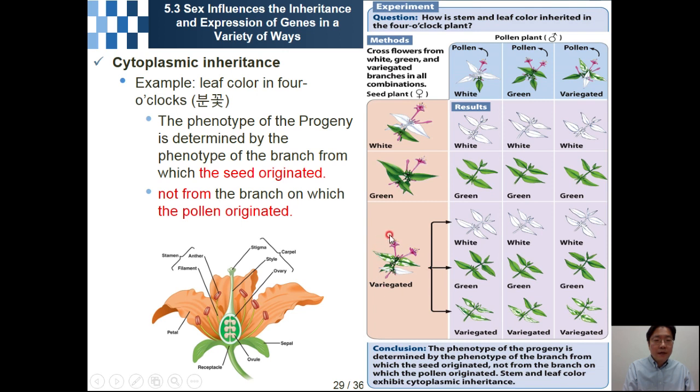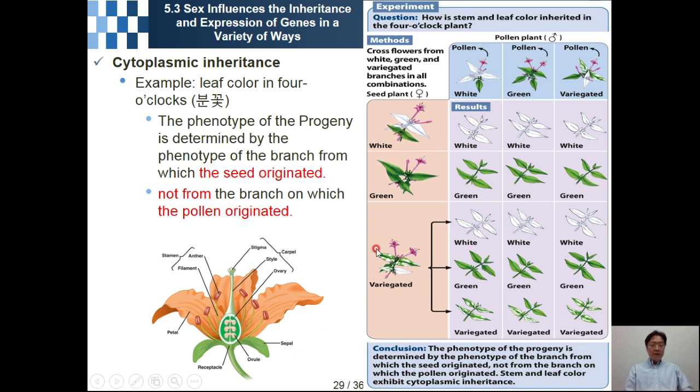In these cases, they cross this pollen with this ovary. After that, the offspring have the white color. How about this one? They also have the white color. How about this one? They also have white color. How about this one? Whether they cross with the green, the white, or the variegated, all of them are green.